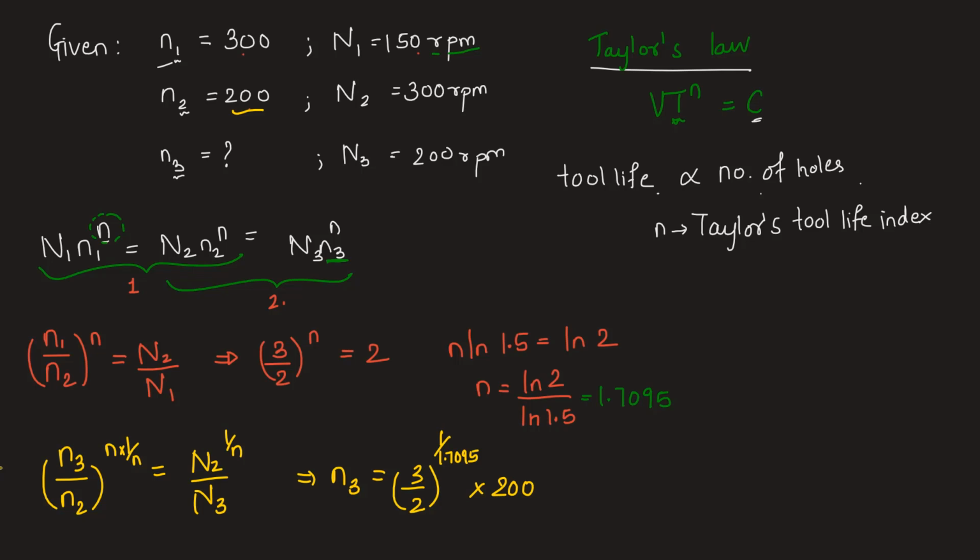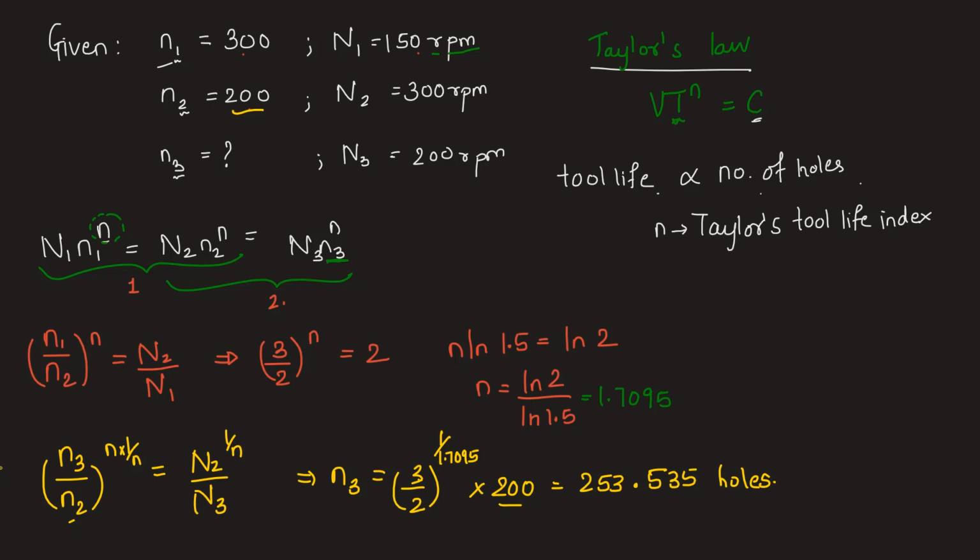Double checking, small n2 we have substituted correctly as 200, and capital N2 upon capital N3 is 300 by 200, 3 by 2. That's correct. So we get the answer as 253.535 holes. Actually the number of holes should have been rounded off to the lower limit, but because we have been asked to write the answer up to 2 decimal places, we can write it in decimal itself.